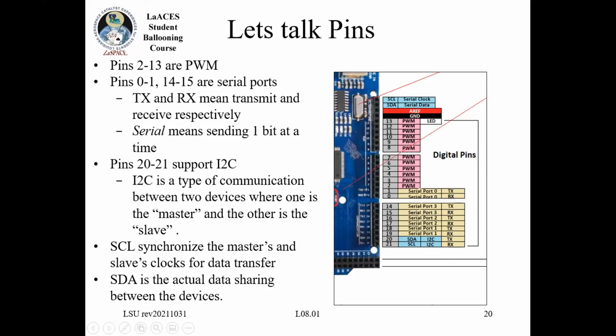And then you have your other 3, Serial1, Serial2, Serial3 on pins 14 through 19. You can see each one of these is paired in TX and RX pins, right? That's a transmit pin. So the Arduino will send signal out on the transmit pin, and it will listen for signal on the receive pin.